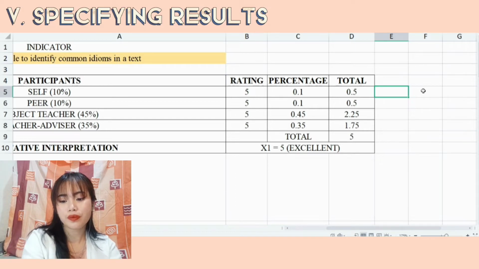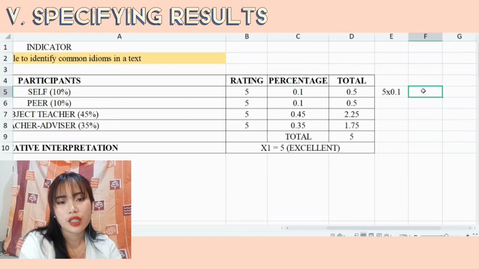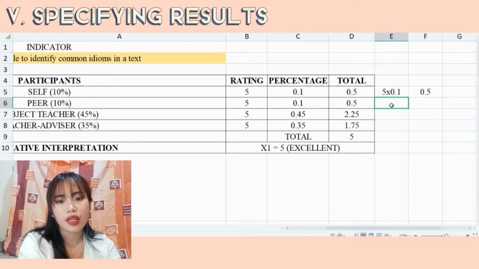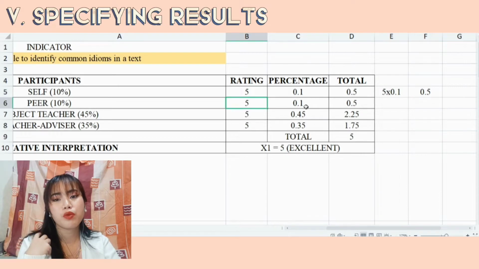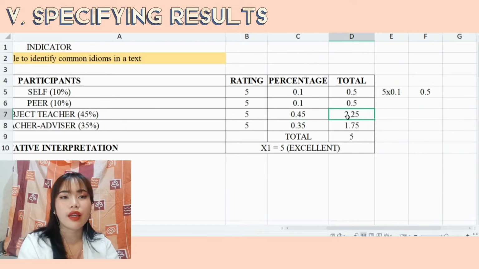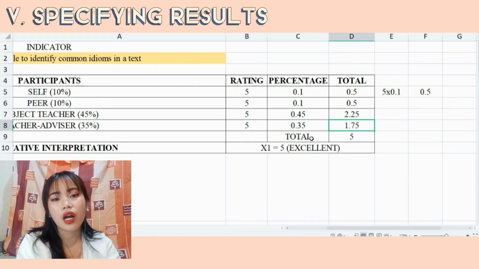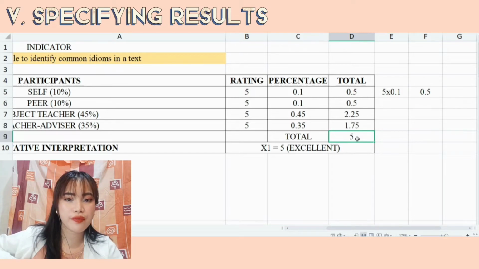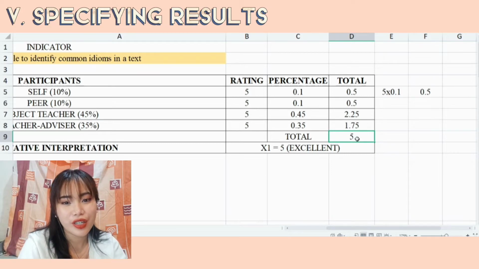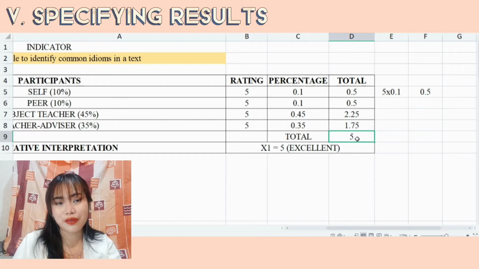So what is 5 times 0.1? It equals 0.5, and then you're going to repeat it until the last participant. Since we already have all the products, we are going to add everything. What is the total of 0.5 plus 0.5 plus 2.25 plus 1.75? We get a total of 5.